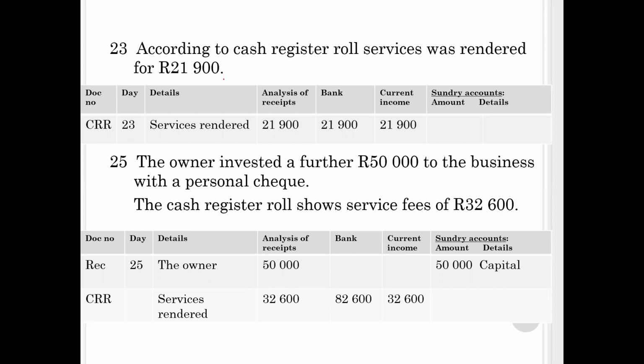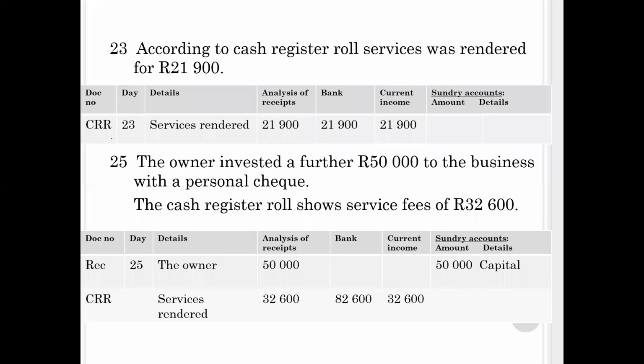I've just mixed up the words a little bit more here. Let's see what details we have. We've got the date. We can see it's a cash register roll, so it's the source document. Again, it was services rendered, and we've got the amount 21,900.